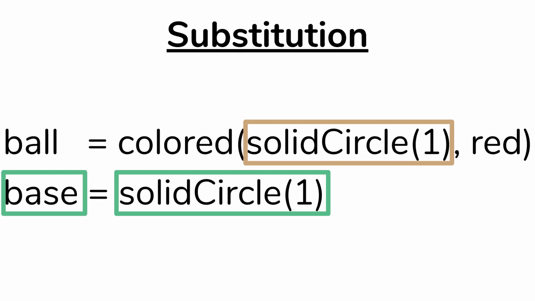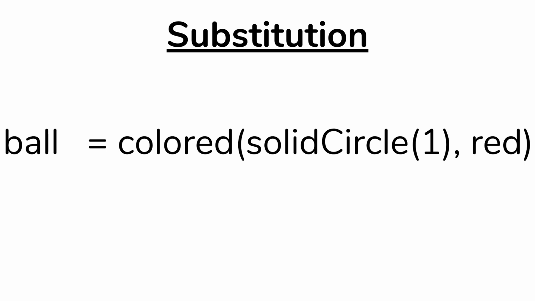Once you've done this, you don't need to define base, because the shape you were referring to by base is just written directly inside the definition of ball. This technique can save you from having to define so many different names in your code, but it also makes your expressions just a little more complicated. You might notice that on the right-hand side of this equal sign, we have two functions.